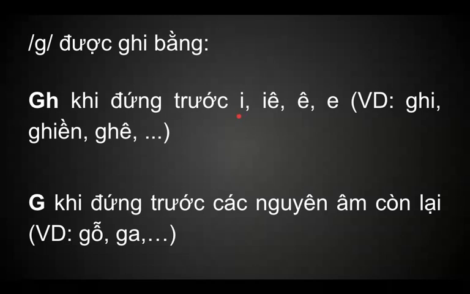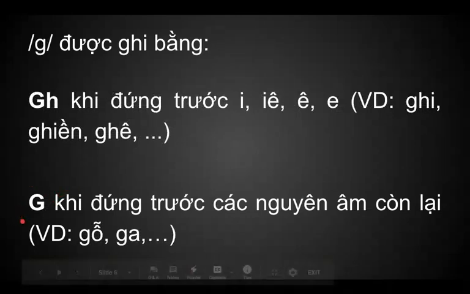So if we have E, A, and E, we use Z hat. So examples are ghi, ghiền, ghê. Ghi is to write. Ghiền is to be addicted to something. Ghê means gross.